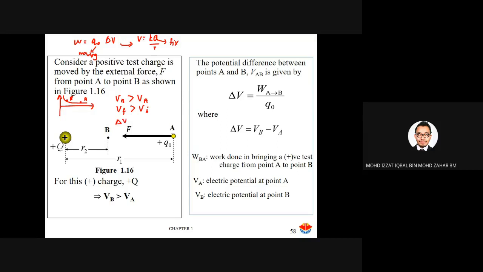So my delta V is bigger than 0, a positive delta V. Since work equals Q0 delta V, this one is positive, and Q0 in this case is positive as well. If these two are positive, then the work done is positive.